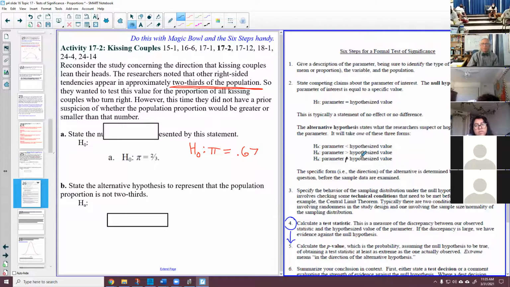That should say not equal to. How do I write my alternative hypothesis? I want to write my alternative hypothesis in proper language here. So Emily, how do I write it?